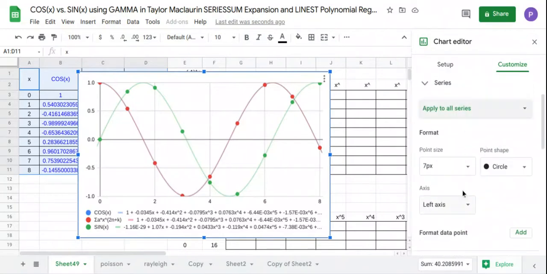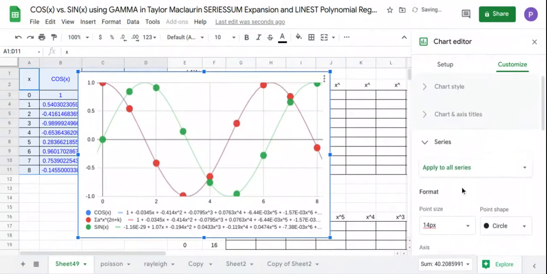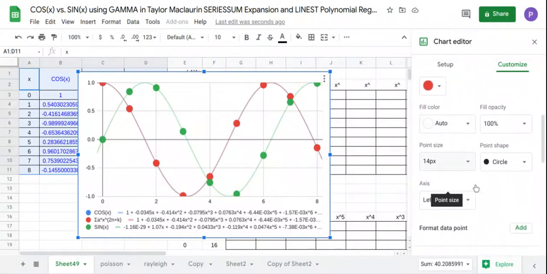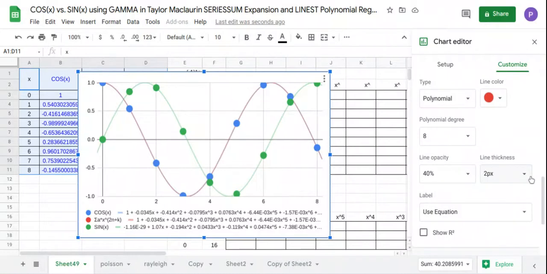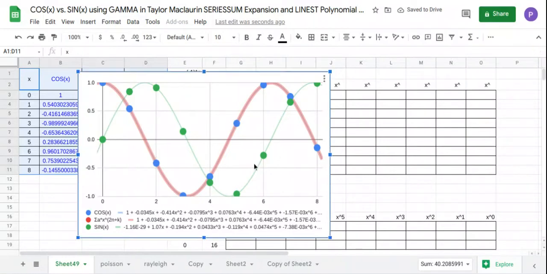All series, the point size will be maximum, except for the red one. The point size will be none. But the line thickness will be maxed. So here's our trend line and polynomial to the 8th degree.